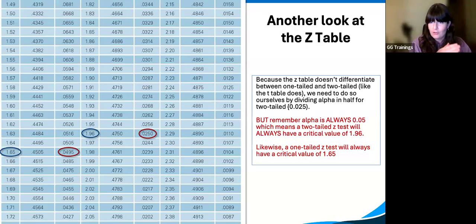Same applies for the directional H1. No matter what, your alpha is still going to be 5%. So for directional, your critical value is going to be 1.65. So you can always look for your 2.5% and your 5% if you want to in the Z table, but you can also just study that the only two possible critical values for one sample Z test are 1.96 and 1.65.